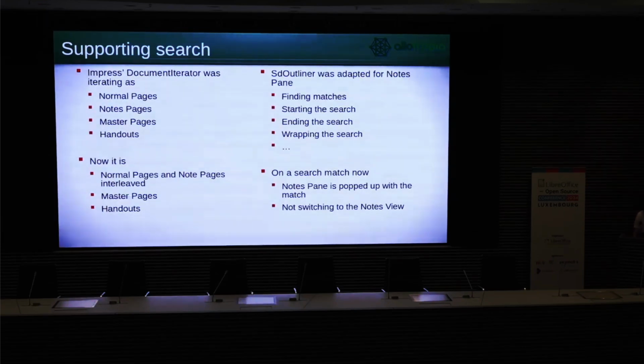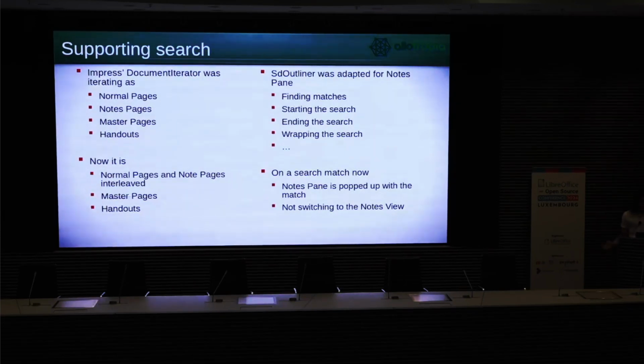Supporting search wasn't trivial at all, because maybe just doing a single search is always okay, but then you had to start search from the notes pane also, and there were lots of special things going on for the initial search, populating this SdOutliner class and stuff like that.